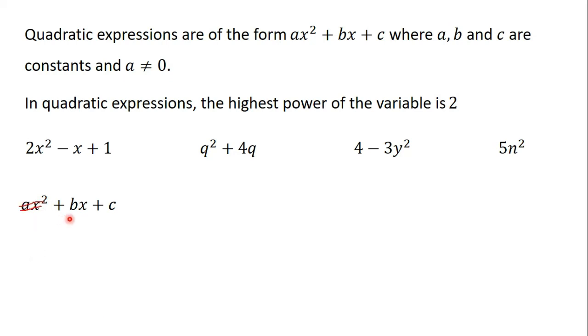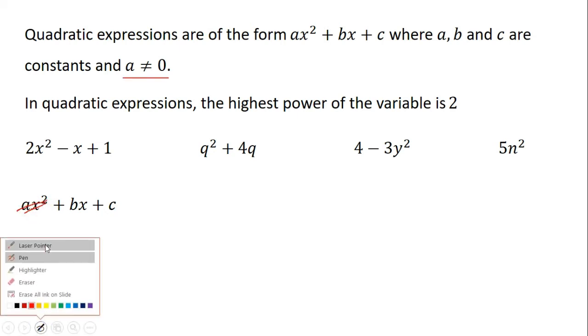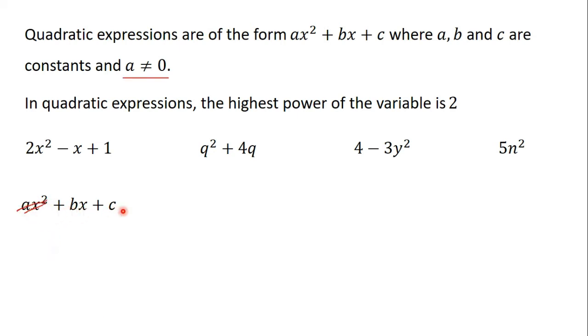So if a is equal to 0, this term ax squared will no longer be in the quadratic expression. So we are going to have bx plus c. bx plus c is not a quadratic expression because bx plus c does not contain a square term. So for this expression to be considered as a quadratic expression, a should not be equal to 0.